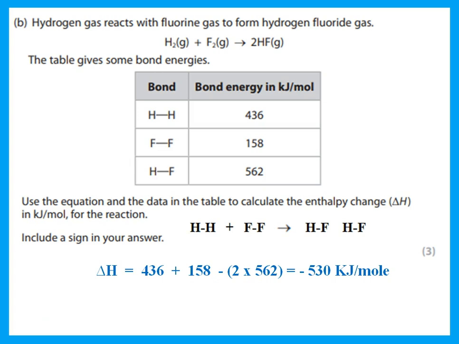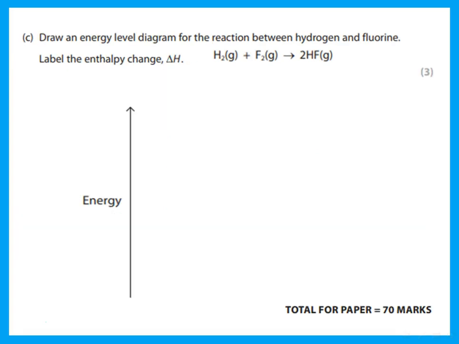So that is a negative energy. So remember, it is reactants minus products. And the final answer here is a negative sign, so you need to put a negative sign. If it is a positive number, you have to put a positive sign. So delta H must have a sign.